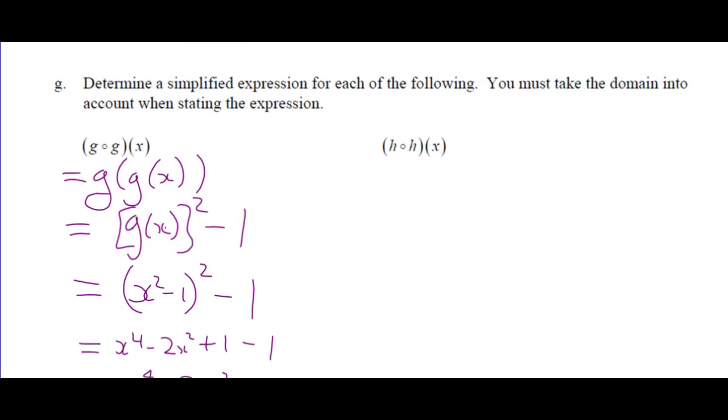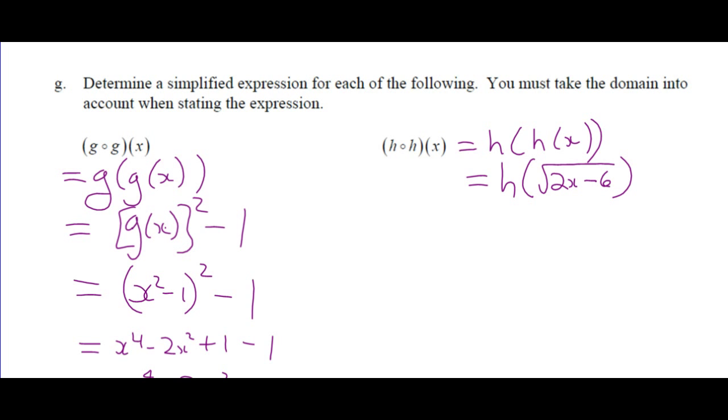Now h of g of x, so this is h of, okay, now the input is the square root of 2x minus 6.